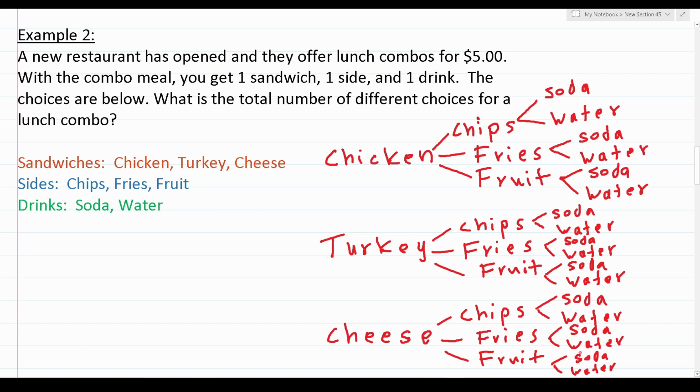So let's find out how many different options that is. That's 1, 2, 3, 4, 5, 6, 7, 8, 9, 10, 11, 12, 13, 14, 15, 16, 17, 18 different options. Again, you can see how complicated these tree diagrams get.